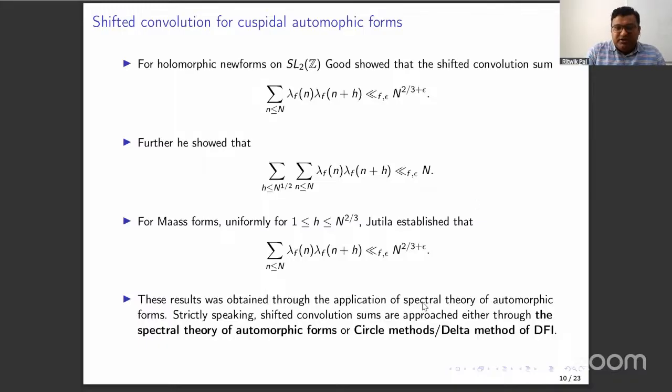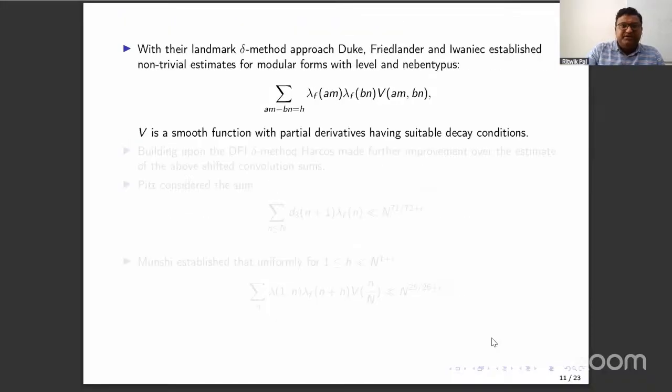And also, with this delta method approach, one uses it with the innovations made by Ritabrata Munshi. With their landmark delta method, DFI, Duke, Friedlander, and Iwaniec first got a non-trivial estimate for this shifted convolution sum, lambda f of an, lambda f of bn.